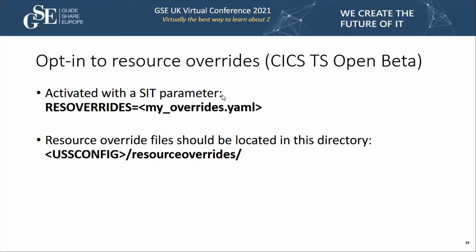There are a few exceptions to what can be overridden. I'm not going to talk about them in this presentation, but effectively it's things like DFH resources, although there are exceptions to that for autoinstall. There are also things like system install resources, which is something that CPSM will do during startup. They would also be excluded from this overrides processing. But certainly CPSM BAS resources are definitely eligible to be overridden as well.